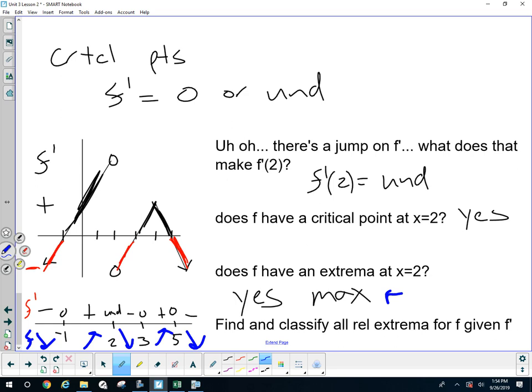How can I have a max and an undefined tangent slope? Any ideas? The sharp point.